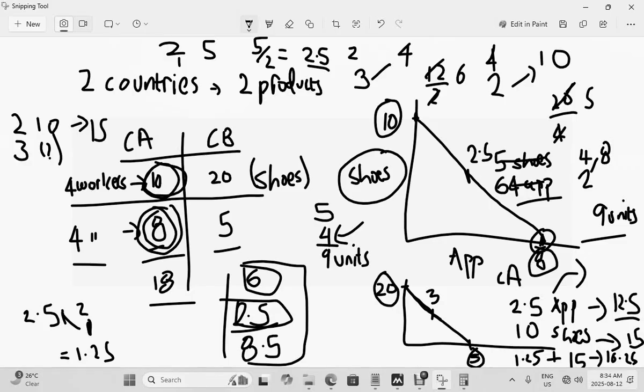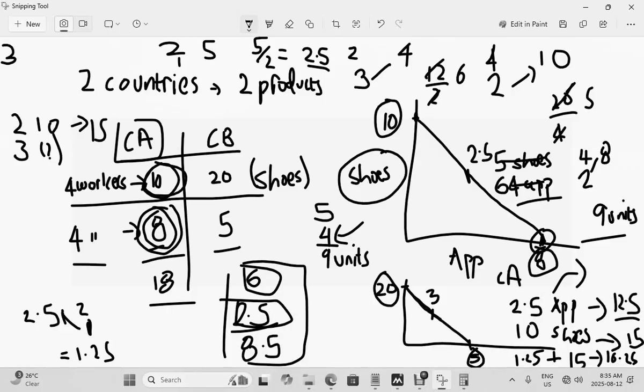So 16.25 over here, and then over here you have a certain number of units for company A. This is if you assign workers based on comparative advantage. So for company A, let's say you have 3 workers producing appliances rather than 2.